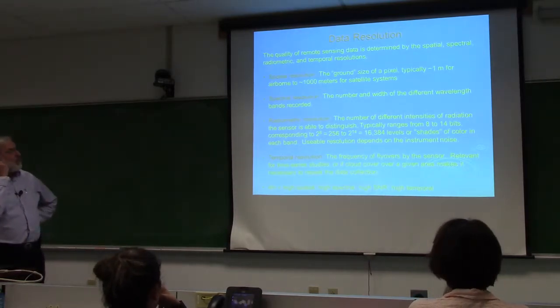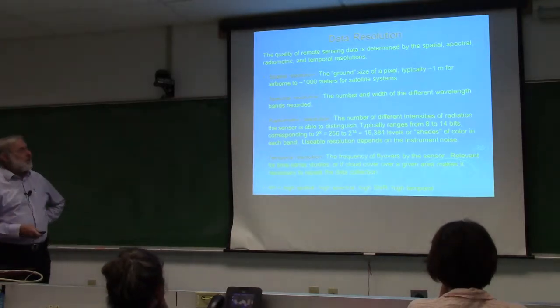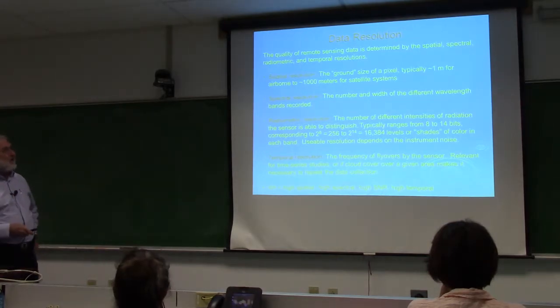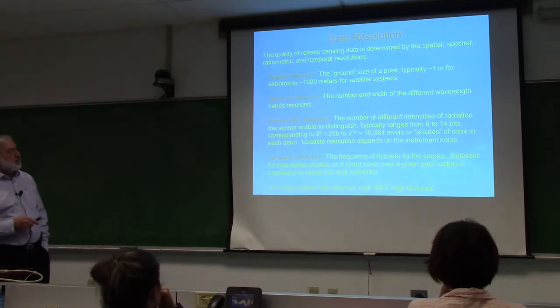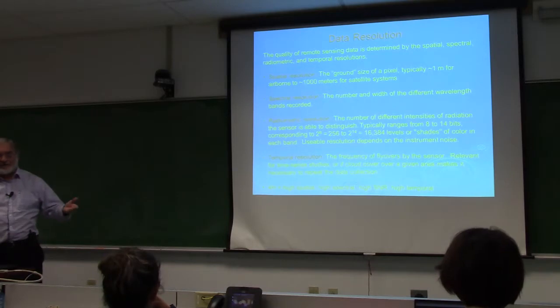So first of all, when people talk about their remote sensing imagery, they have all of these ways of classifying what kind of image it is. One of which is the spatial resolution, which is the ground size of a pixel that's seen from the aircraft or a satellite.